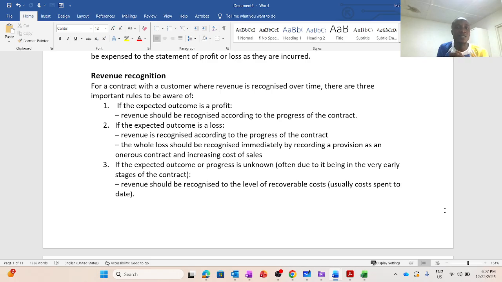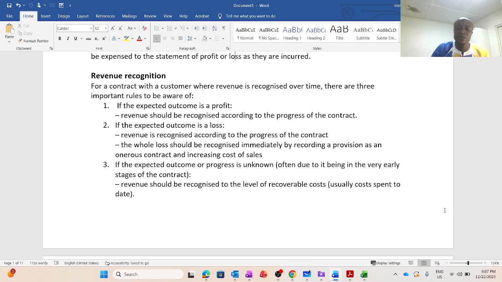The final stage, if the expected outcome or progress is unknown, then we are going to recognize the revenue based on the expected recoverable cost. The cost we have incurred to date, if we are able to recover that particular cost, then we are going to recognize revenue based on the cost incurred, as far as we can recover that cost.